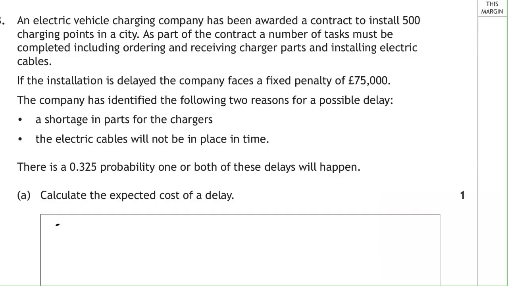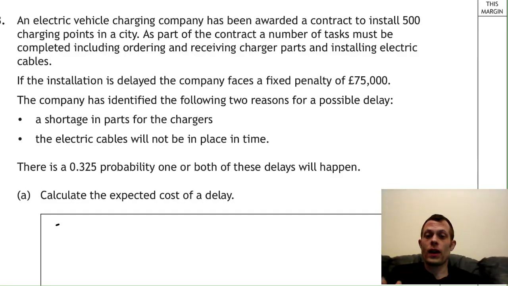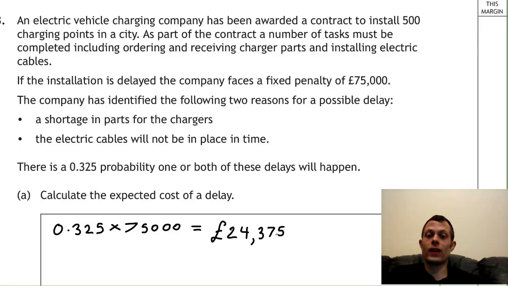So question A, only a 1 mark question, very simple. Expected cost is equal to probability multiplied by the value of the cost. So 0.325 multiplied by the penalty of £75,000, an expected cost of £24,375.